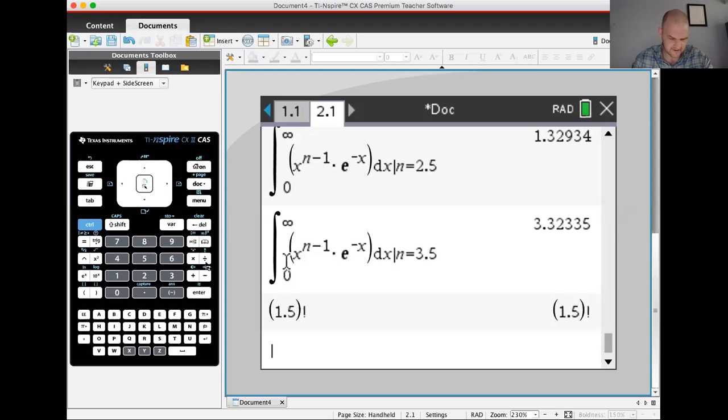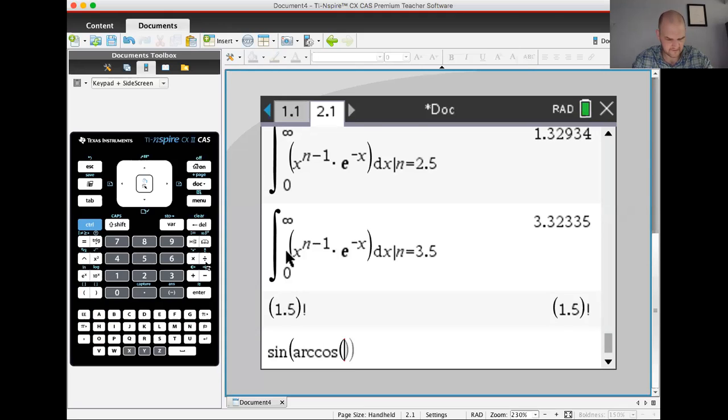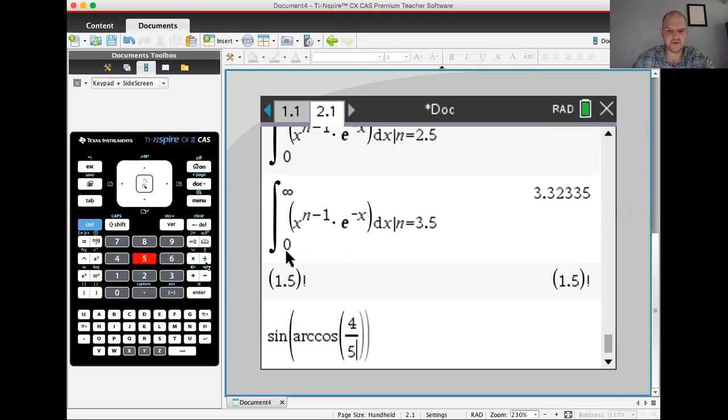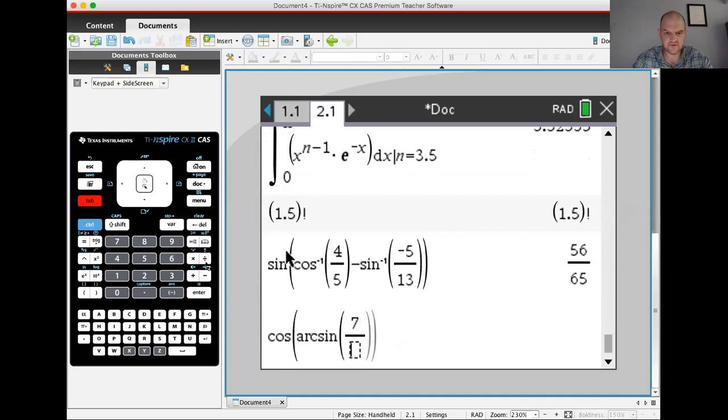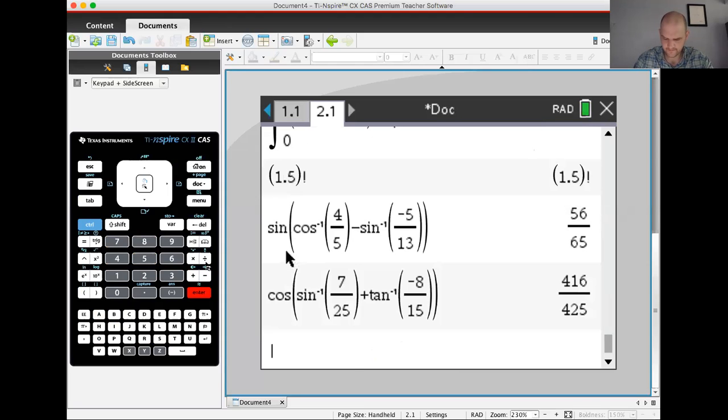So here we go. These you don't really need to store anything. I'm checking A right now. So it's this minus arc sine of negative 5 over 13. So you get 56 over 65, which is what we got. And then if I do the cosine of the arc sine of 7 over 25 plus the arctan of negative 8 over 15, just press enter.